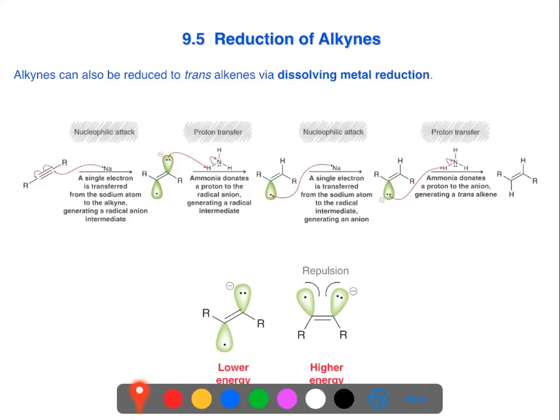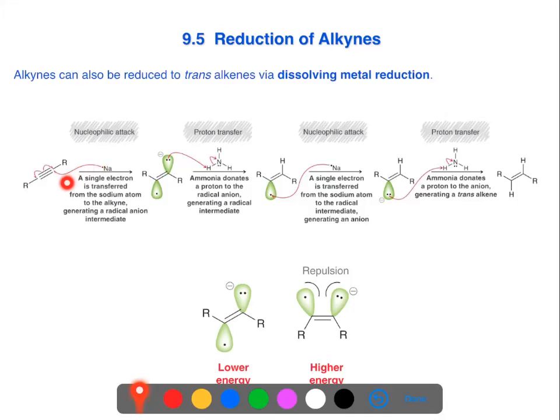So you can see in this starting mechanism, we have our alkyne, and sodium metal will donate an electron, as will one of the pi electrons from the alkyne, to form a radical anion intermediate. And so we can see here that we have a single electron, so we're using these half-barbed arrowheads.